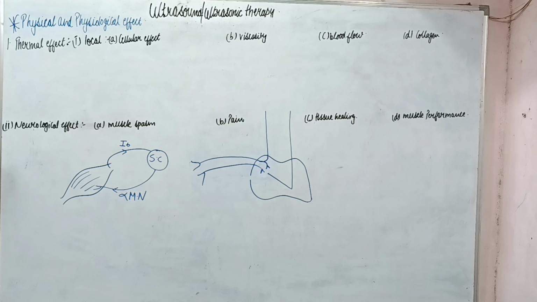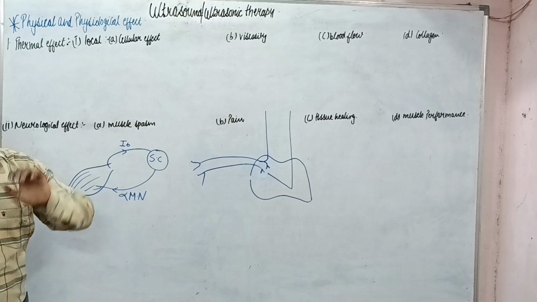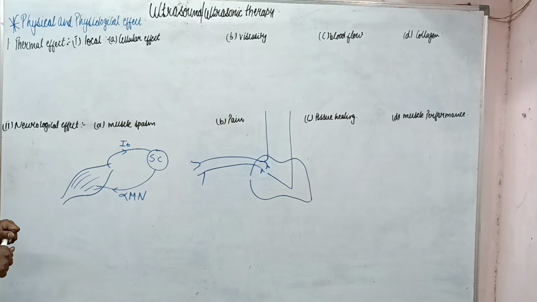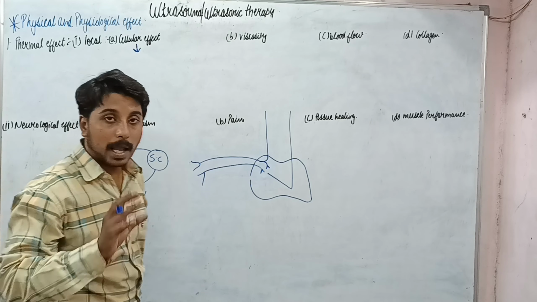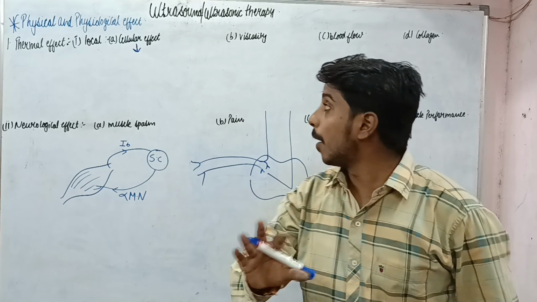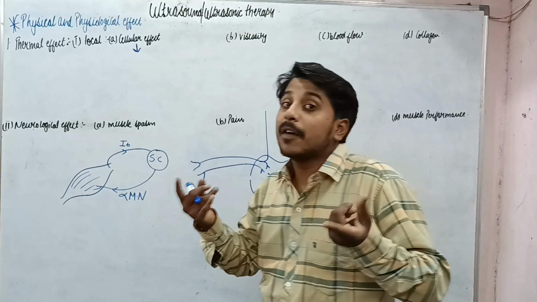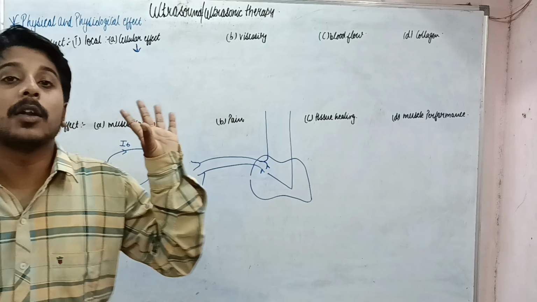The thermal effects are, first is local, okay, and second is the neurological effect. So under local, the first is the cellular effect. As we are studying about the thermal effect, we have studied the Van Hoff law.